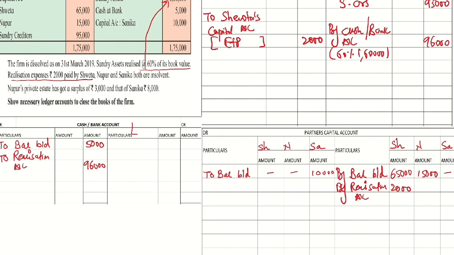The most important adjustment comes here, which makes it different. Nupur and Sanika both are insolvent.